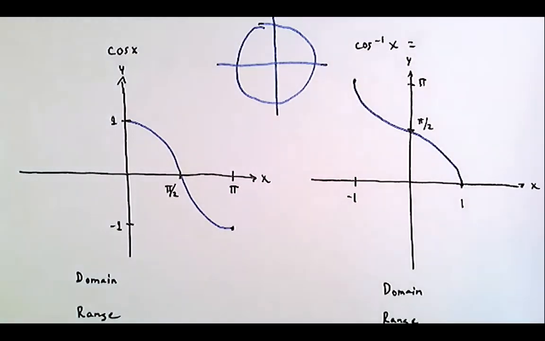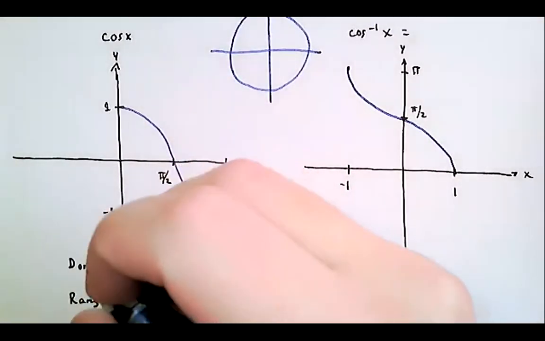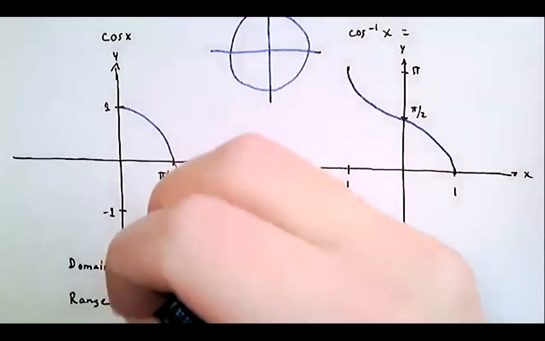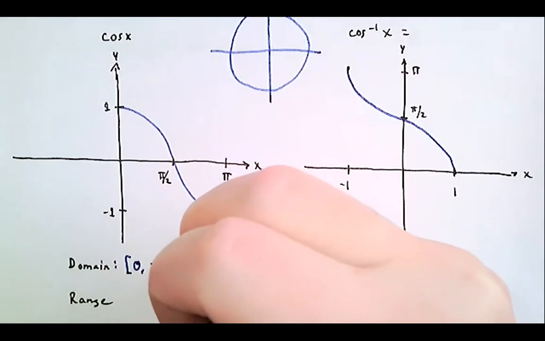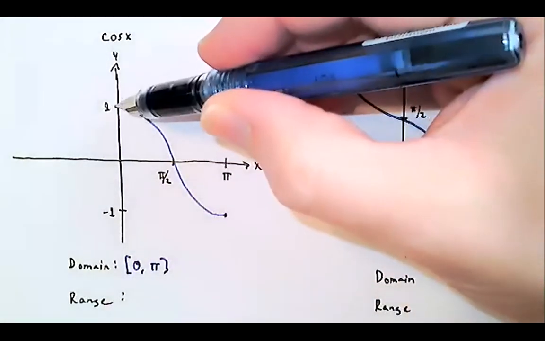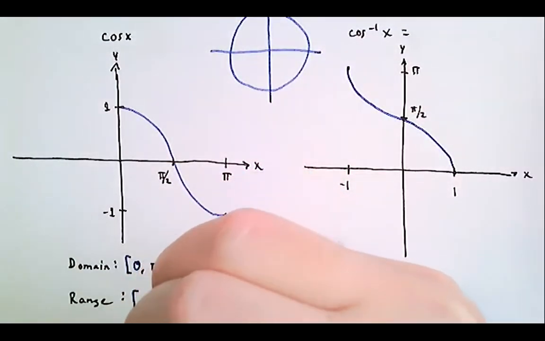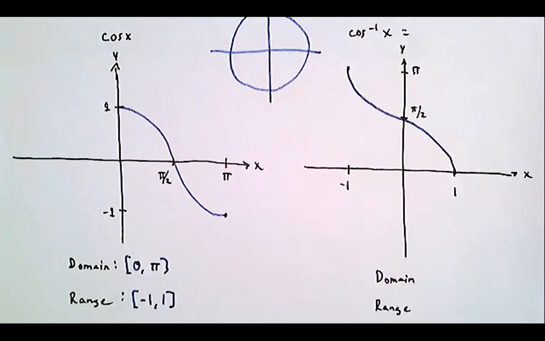So now on my paper, I have my cosine restricted down to the domain so that it passes the horizontal line test, from 0 to pi. And then the range, the maximum value is 1, the minimum is -1. So in interval notation, we would write that this way, still including the endpoints.